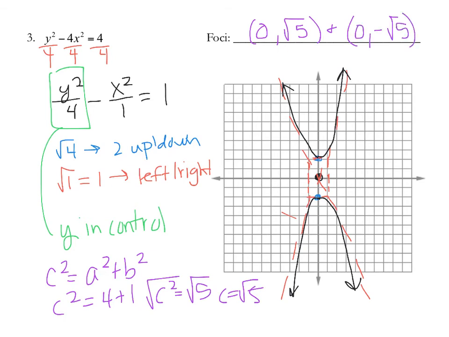And the square root of 5 is 2 point something, so I know it's just past 2. So these ones, again, if you notice this is skinnier, this ends up pretty close to where the vertices are, but still outside of the box and inside of the curving hyperbola.